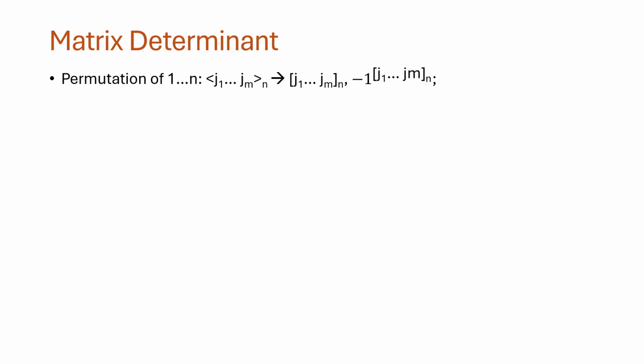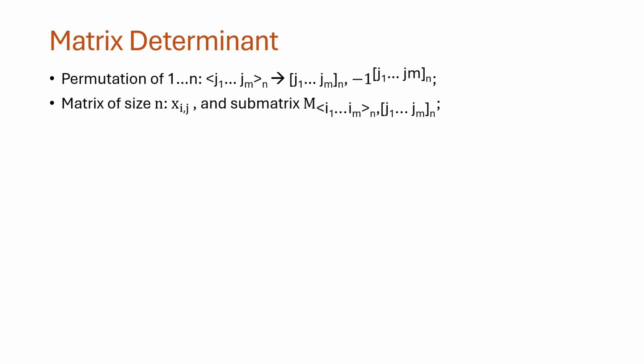We can then permute this ordered permutation to obtain an unordered permutation together with its sign. And we can have a matrix of size n, namely, it contains n squared variables. Each has a row index i and a column index j.